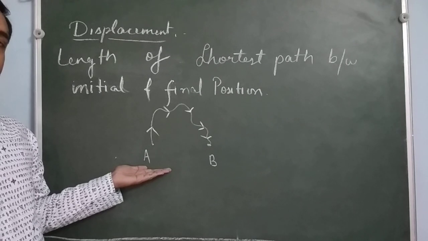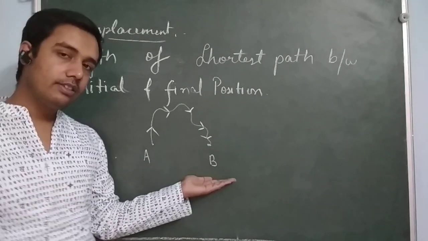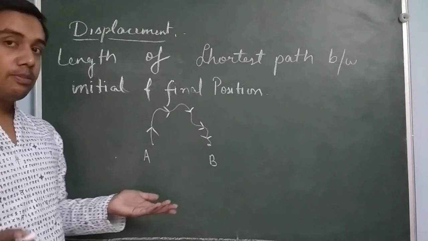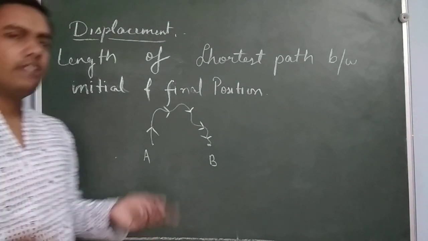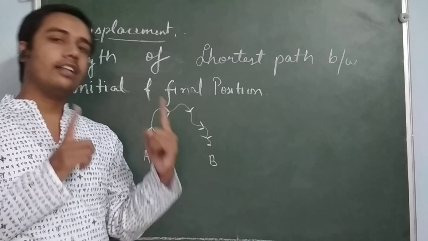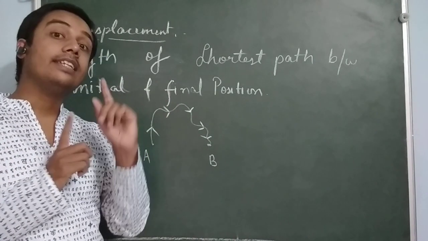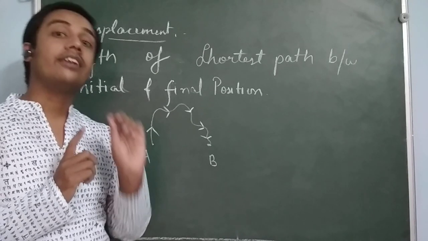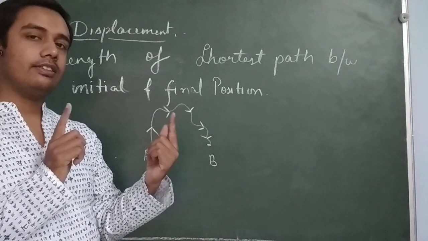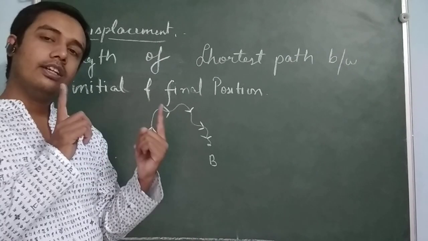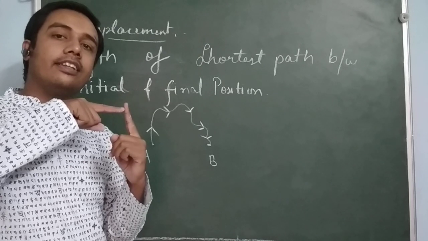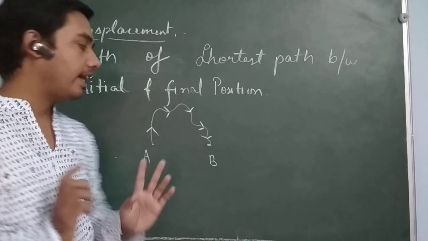What is the initial position? A. What is the final position? B. Now if you talk about the shortest path between A and B, the shortest path between any 2 points is given by a straight line. Whenever you want to find the shortest path between 2 points, don't do anything, just connect them by a straight line.